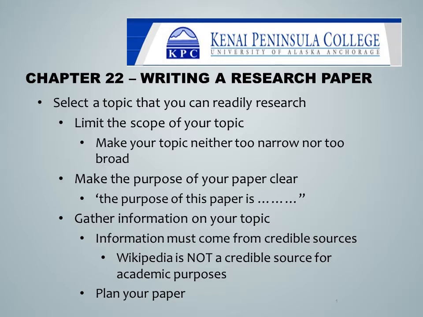For example, if you wanted to write a paper about drugs, drugs is a very broad topic, so you need to narrow that down. What aspect of drugs do you want to cover? Perhaps you want to write about the legalization of marijuana. That's a topic that is narrow enough that you can research, and it tells me how you plan to narrow it down.